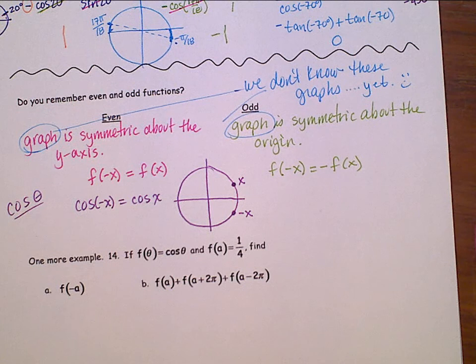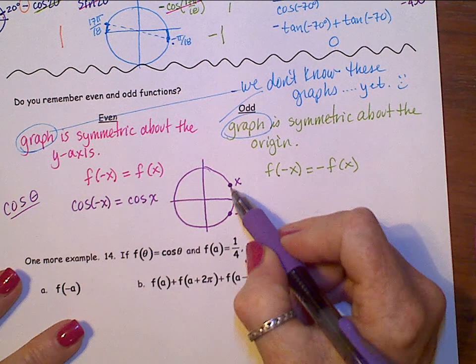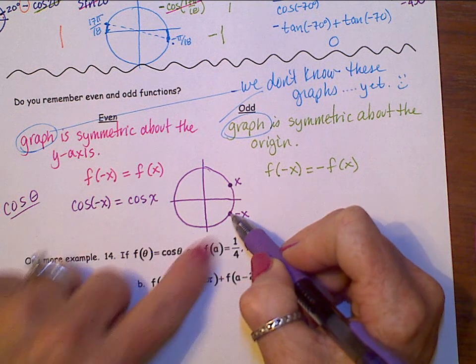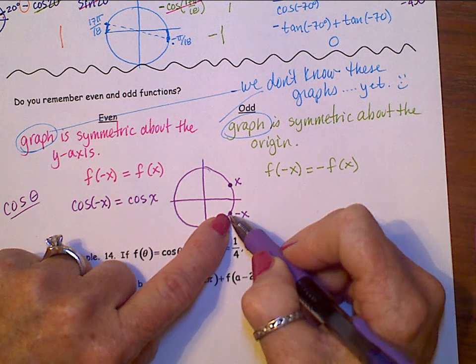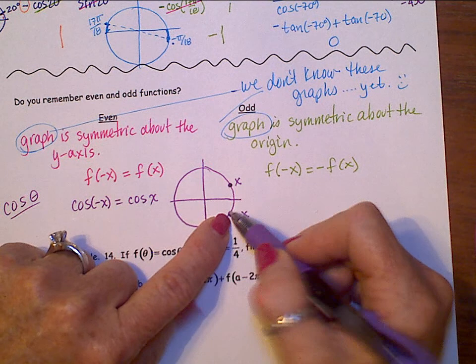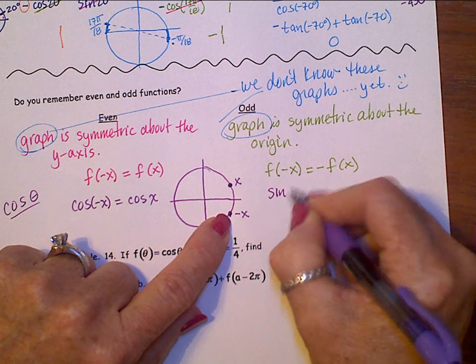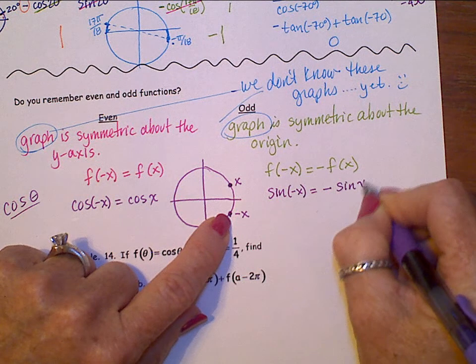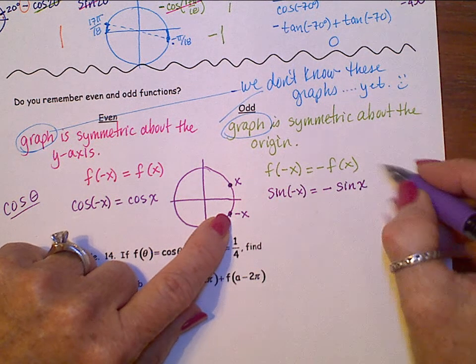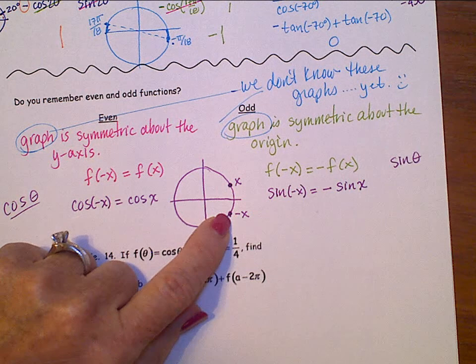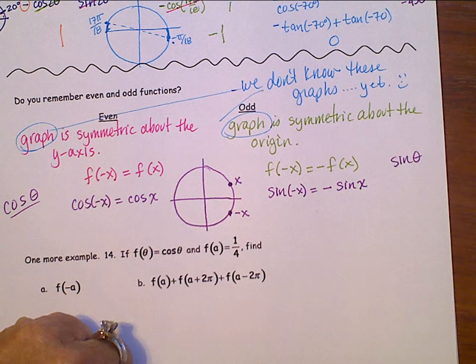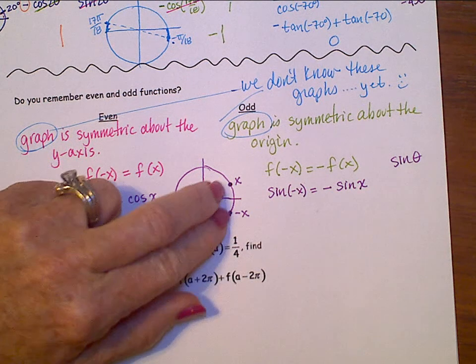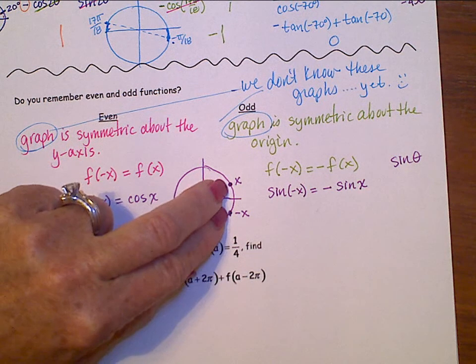Okay, how about sine? The sine value here at this x versus the sine value there at negative x, they are opposite signs. The sine of opposite x is the opposite of the sine of x, so sine is odd. How about tangent? Tangent of these two spots, same or opposites?